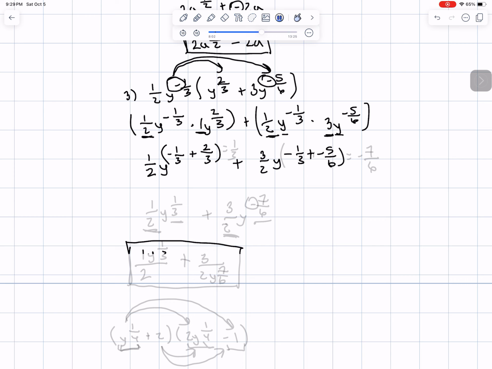So now our next step is to add our exponents together, right? So let's do the first one. So I know that 1/2 y will be the same. And then in my calculator, when I do negative 1/3 plus 2/3, I get a positive 1/3.